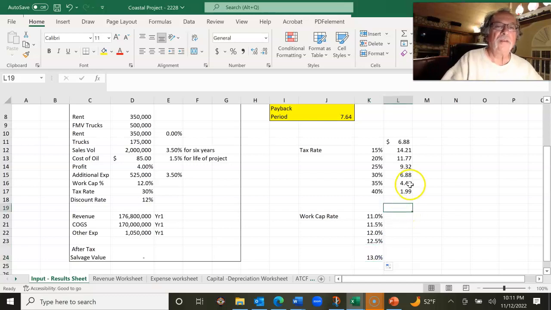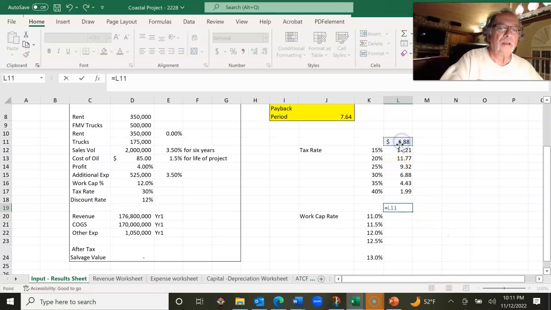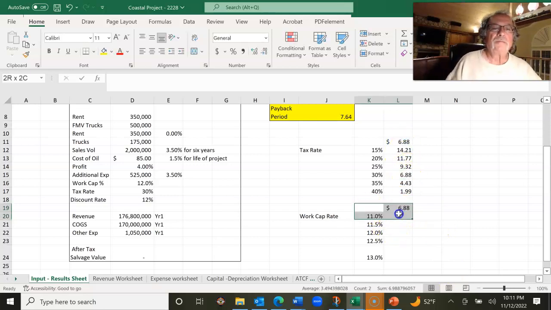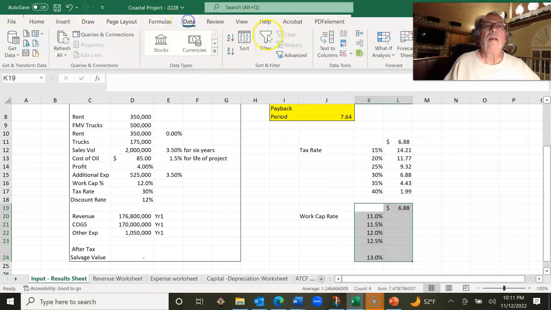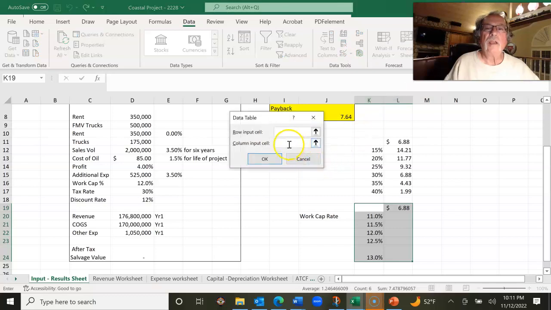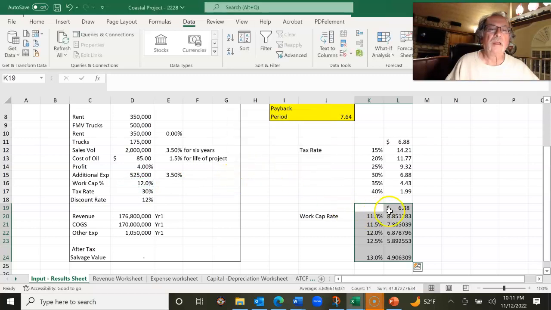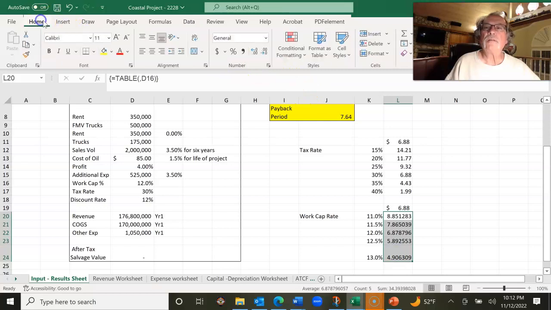Okay, our column input cell is our working capital rate. Now, this is a really interesting result.